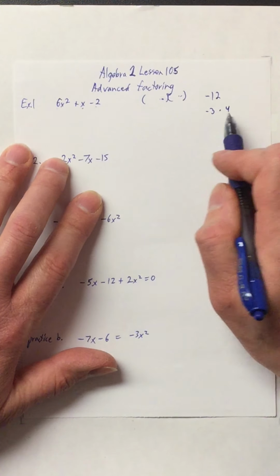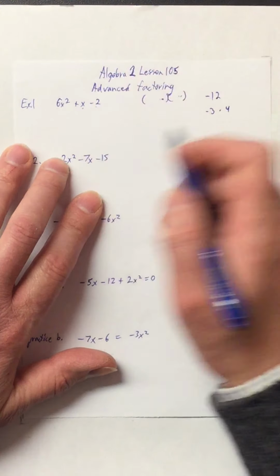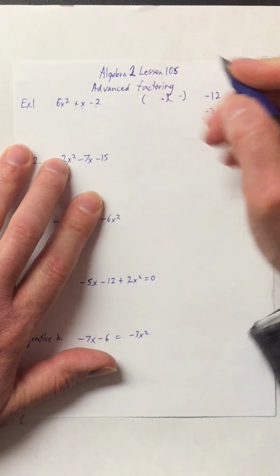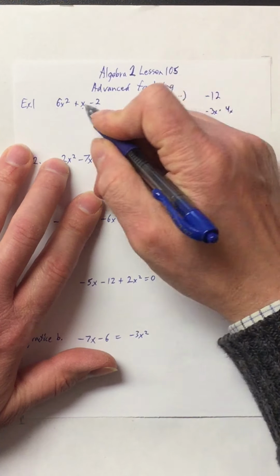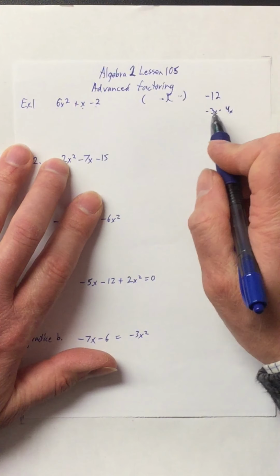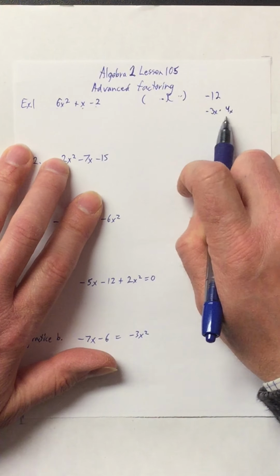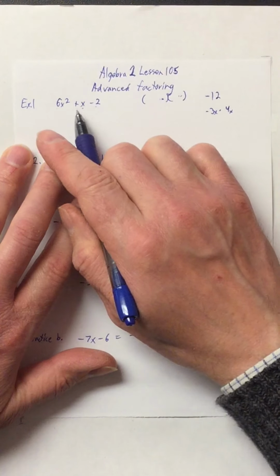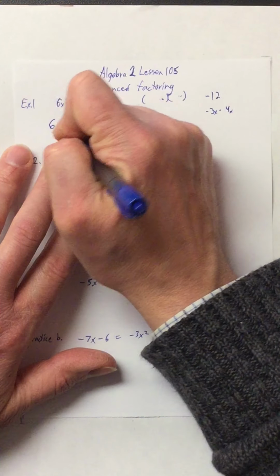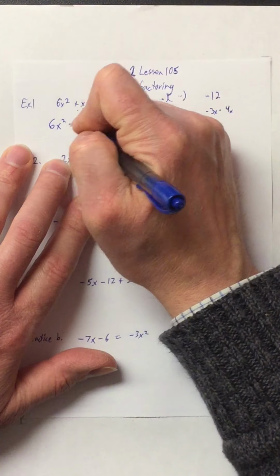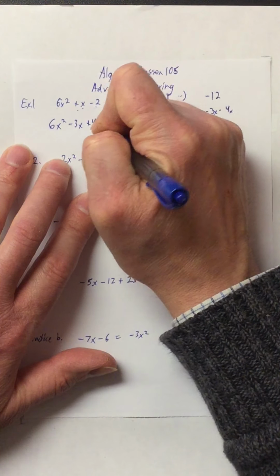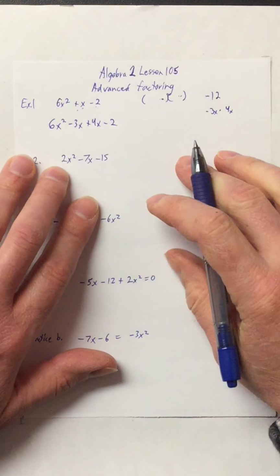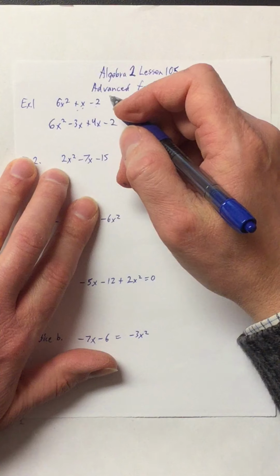So then we're going to take those two numbers and substitute them, put x values here, because 4x minus 3x is the same as 1x. So 6x squared minus 3x plus 4x minus 2.